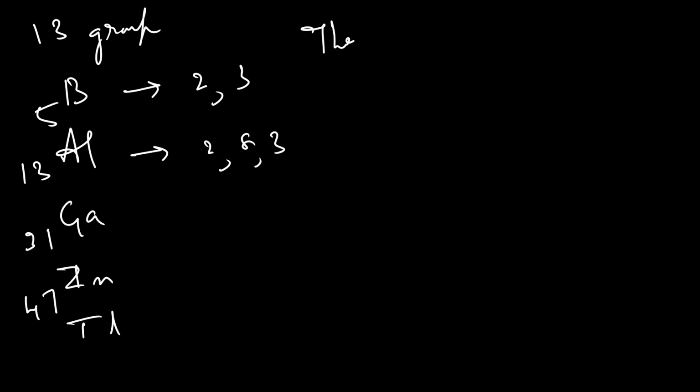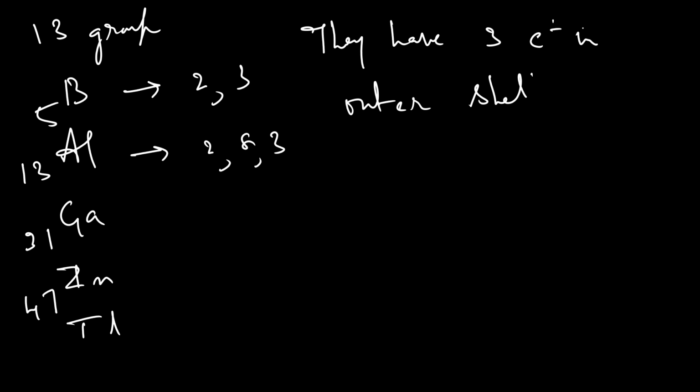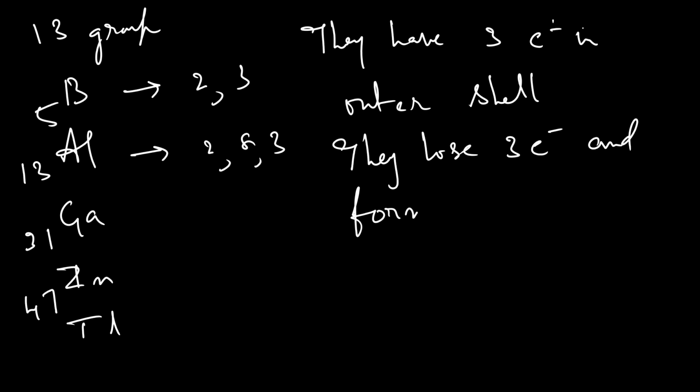Therefore, they have 3 electrons in their outer shell. Therefore, they lose 3 electrons and form tri-positive ions.